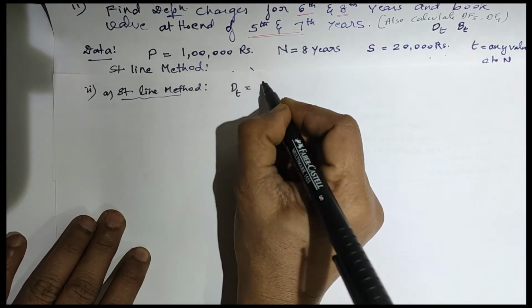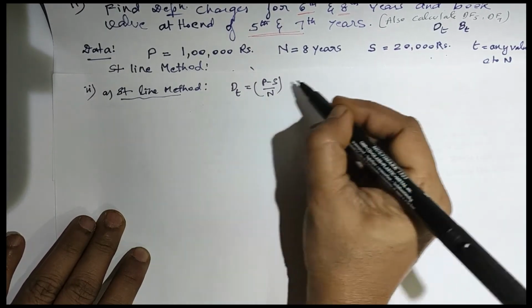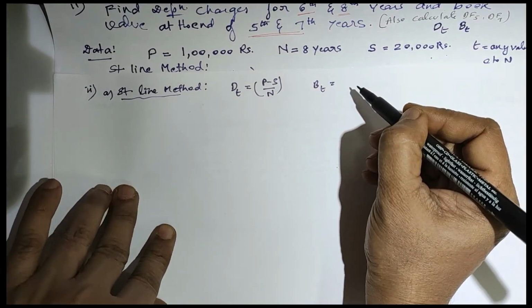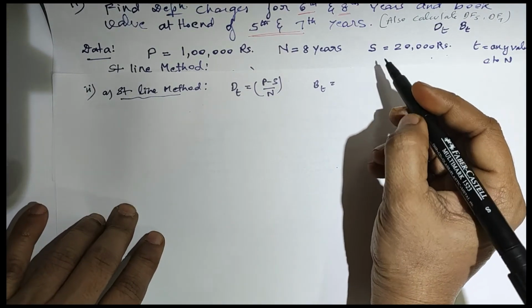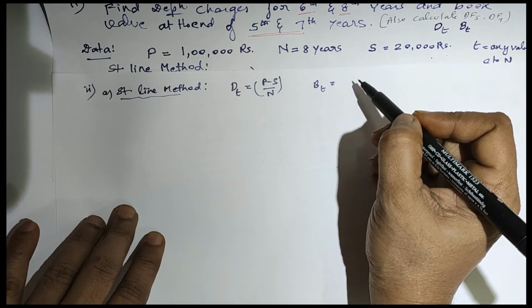Anyway, whatever is the method, we need to write the formula which we are going to use. So dt is equal to P minus S by N. And Bt equals, we cannot write like how in the table we wrote previous year book value minus current depreciation charges, because we don't have previous year at all.